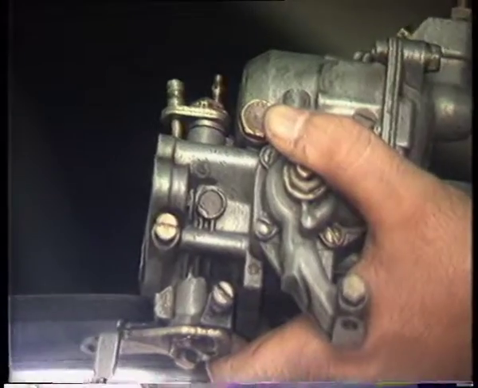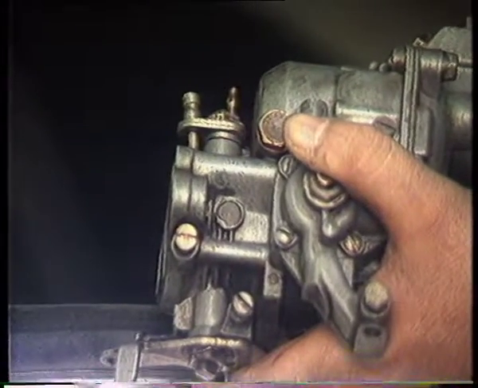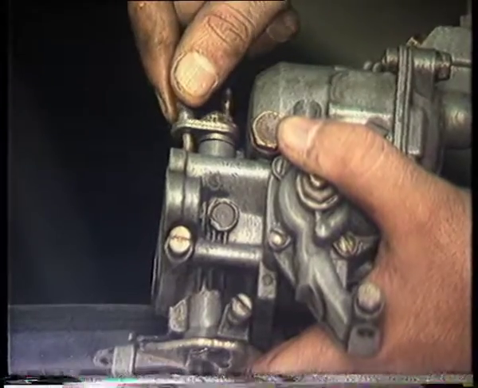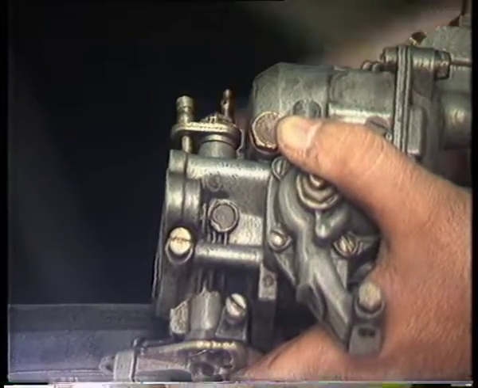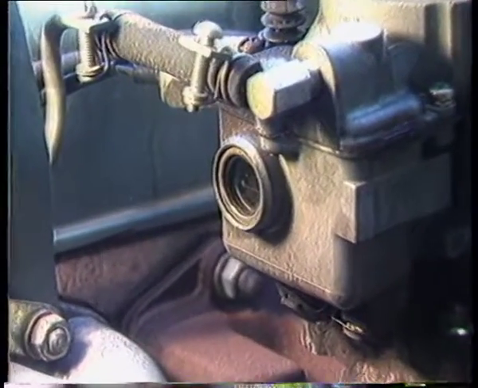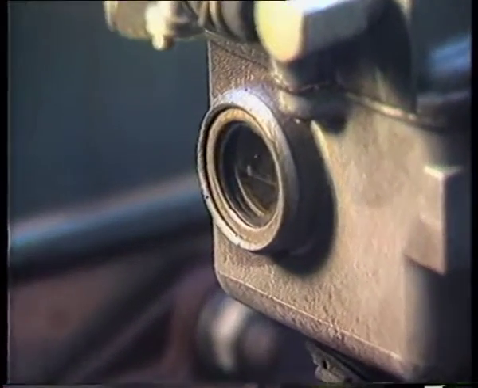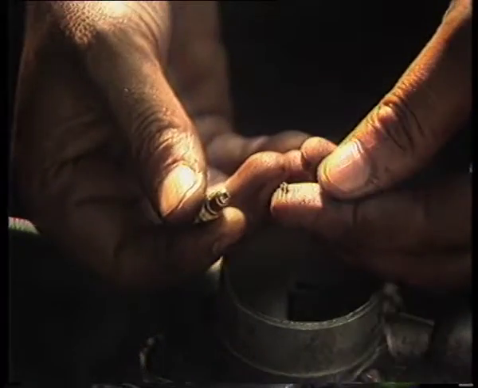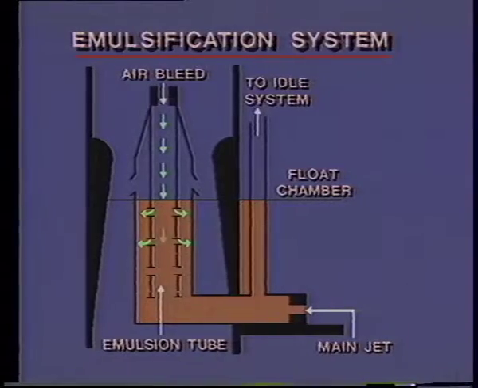If the engine still does not idle, it may be that 1. Air leaks due to worn throttle spindle and bearings, 2. Incorrect fuel level in the float chamber, 3. Blocked idling jet or passages, 4. Idling air bleed passages are choked.